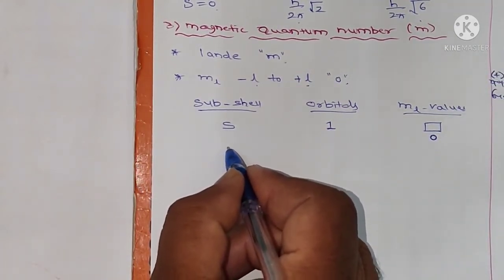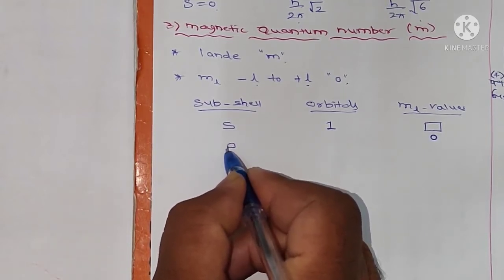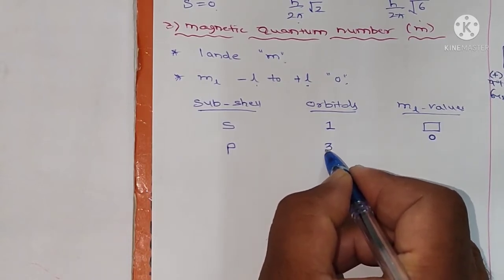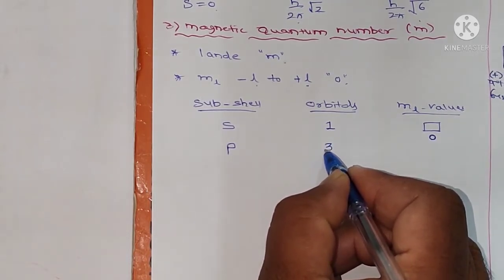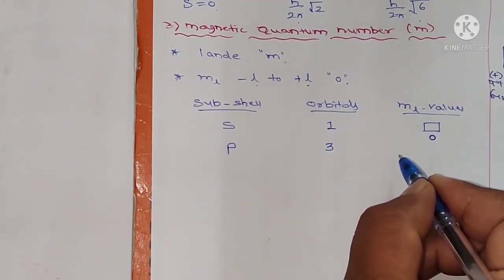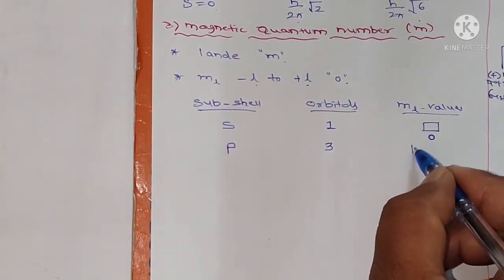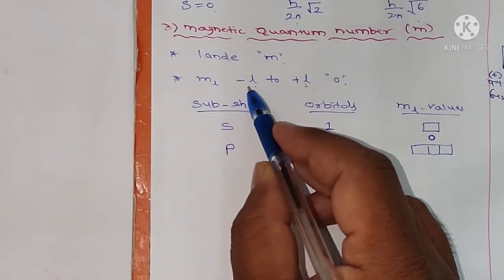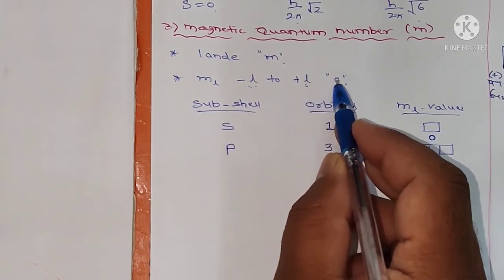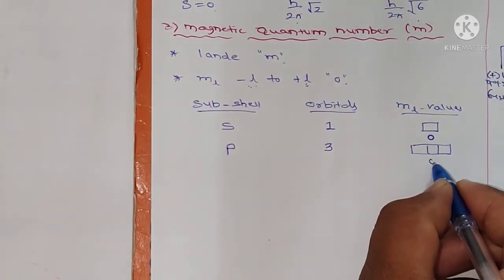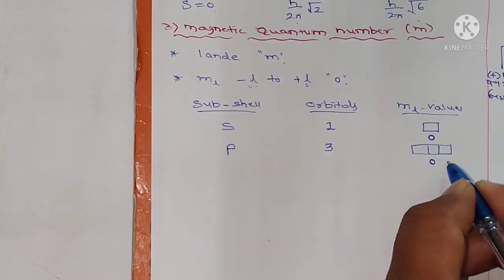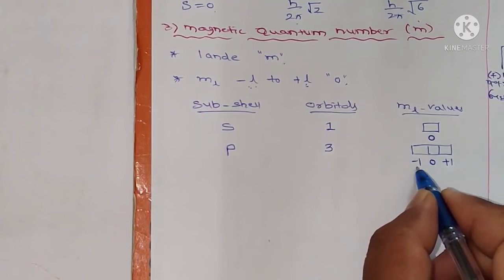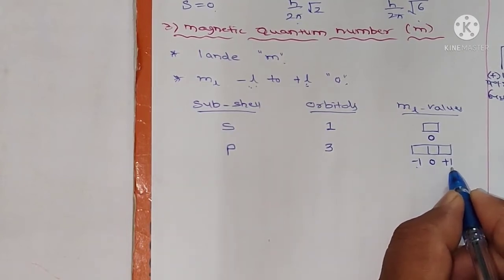And the subshell p, the orbitals, the sublevels are 3: p orbitals px, py, pz, and that ml values are minus l to plus l, including 0. So middle one is 0, right side plus 1 and left side minus 1. So minus 1 to plus 1 including 0.